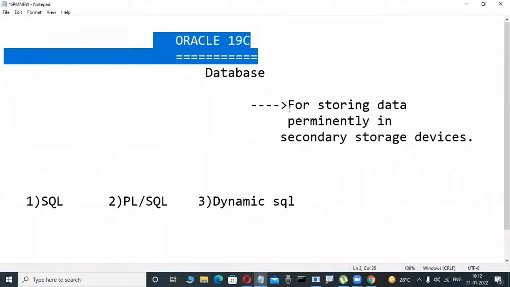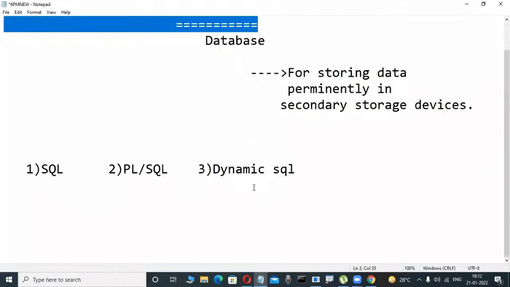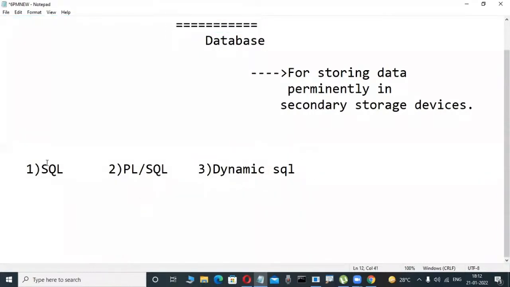Up to this point I've told only a small thing, but some first-time newcomers are asking, Murali sir, SQL means maybe some commands only, insert, update, delete, some small commands, which we are also familiar with.